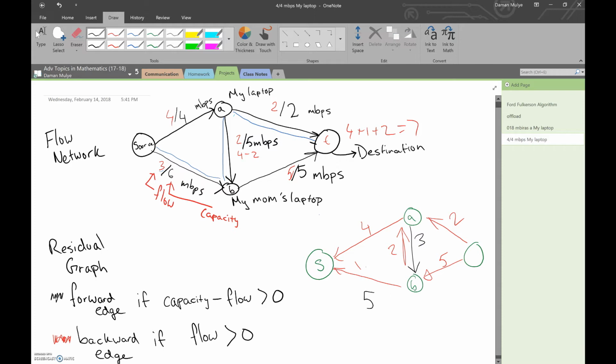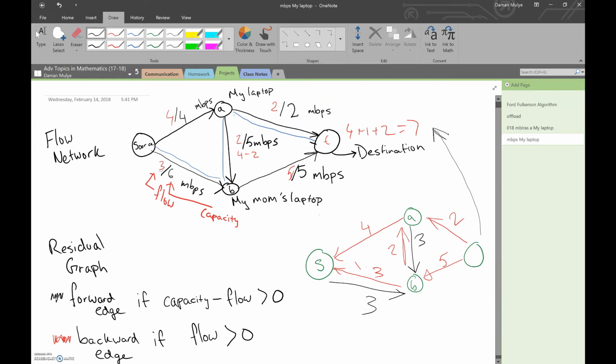And then I am sending a total of 3 in this direction, which means a total of 3 going outwards. Okay, now if we look, we see that both the edges that supposedly lead to the destination are now pointing in the other direction, which means that we cannot send any more data through this network, which therefore confirms the answer that we found up here, that the maximum flow throughout this network is 7 megabytes per second.